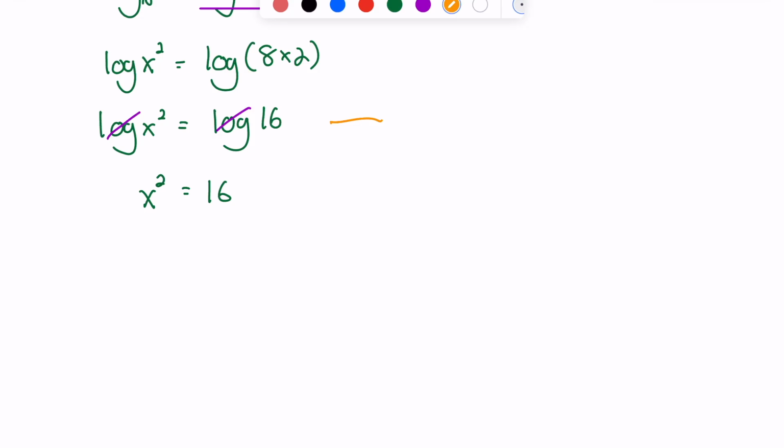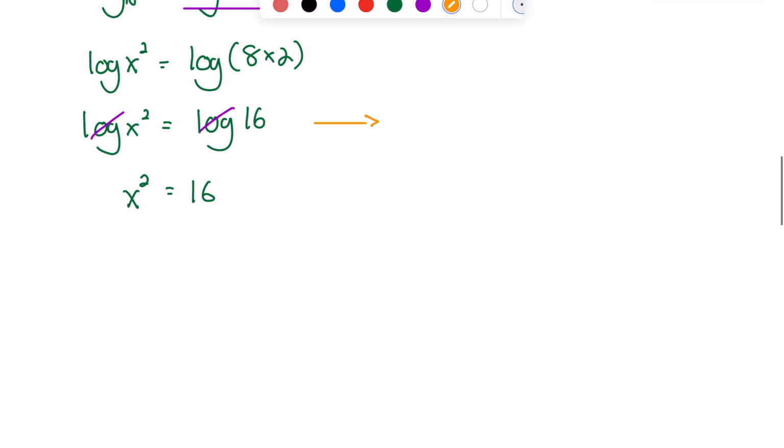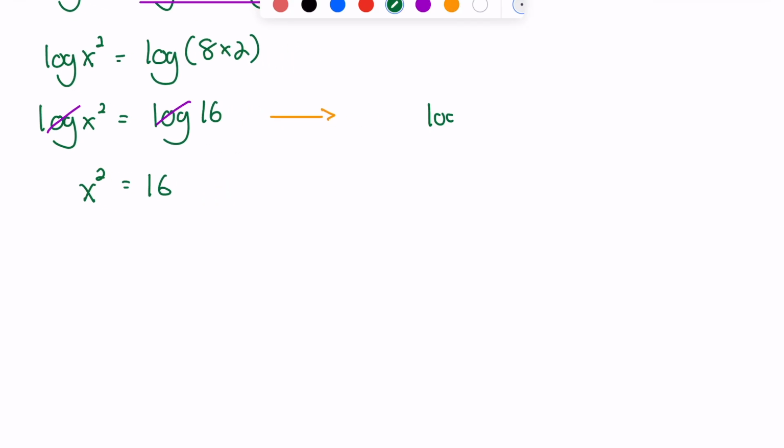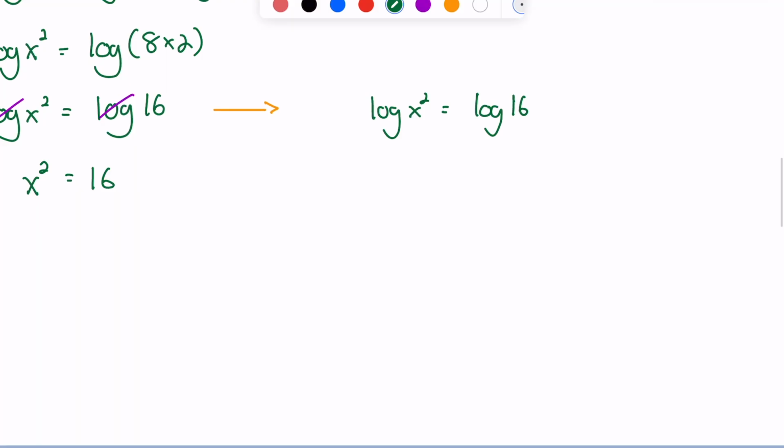But you could have also seen it as, well, let's rewrite the problem. Log x squared equals log 16. You could have also approached it the same way we've been doing in the previous problems, where when you want to get x on its own, you write it as an exponent. So I write it as 10 to the power of log 16. So x squared is 10 to the power of log 16.